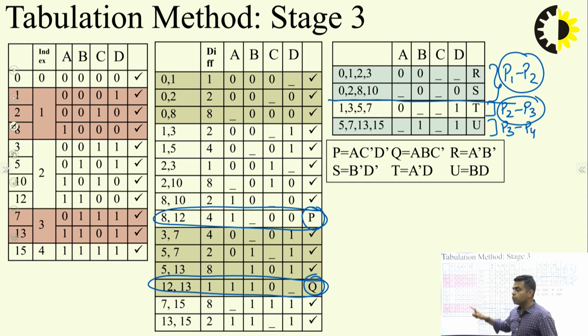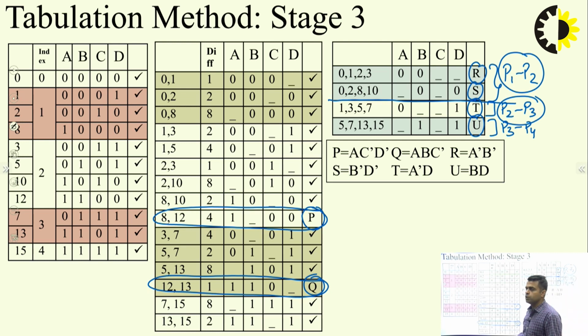So we have to check all the tables where we are finding any unticked term. That unticked term will be used as a prime implicant. So this P, Q from this side, and these 4 terms are not participating further. So these are named as R, S, T and U.